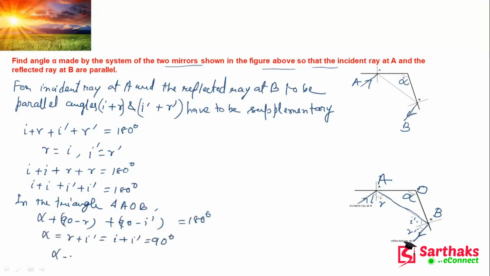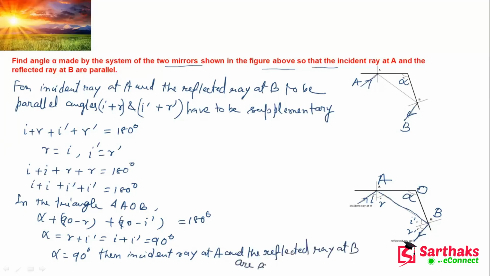Now if alpha is 90 degrees, then the incident ray at A and the reflected ray at B are parallel. Okay, fine.